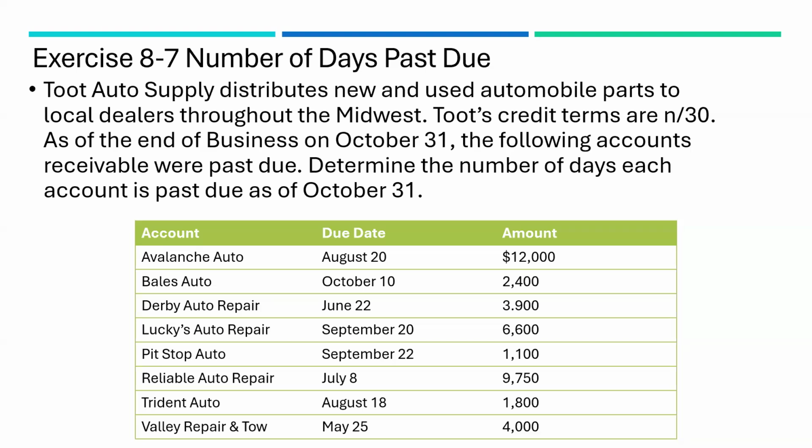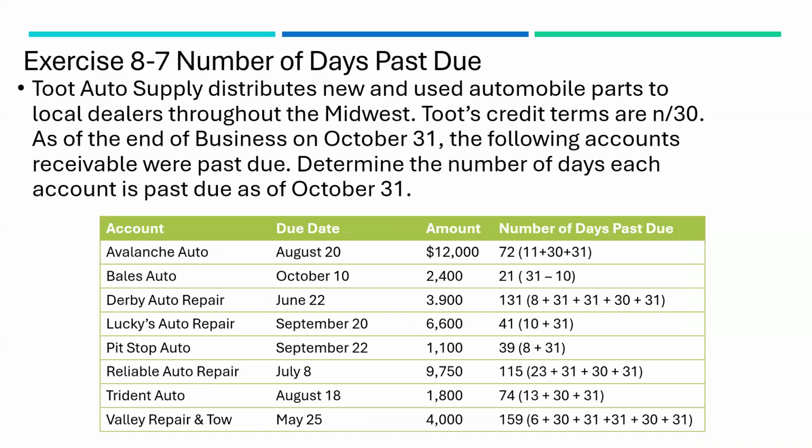There's the invoice date or the date of the sale. And then there's the due date, which would be 30 days after the invoice date, which isn't shown here, but the due date is shown. And then there's the current date, which is as of October 31st. And then we have all of our different amounts.